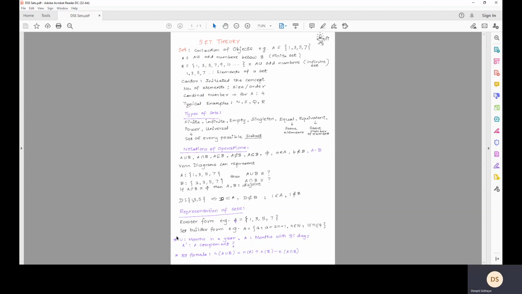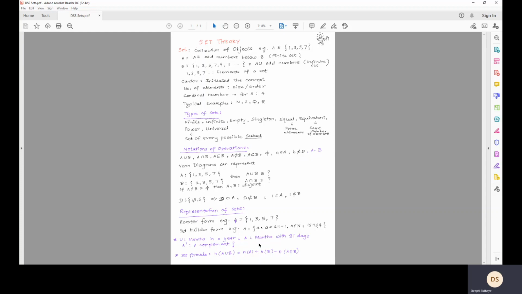Now, let us consider a universal set, which consists of a set of months in a year. And let us say that A is a set of all those months which have 31 days. For example, January or March, May, etc. Then A complement is a set which belongs to U, but which has no elements common with set A. So can you identify what will be A complement?